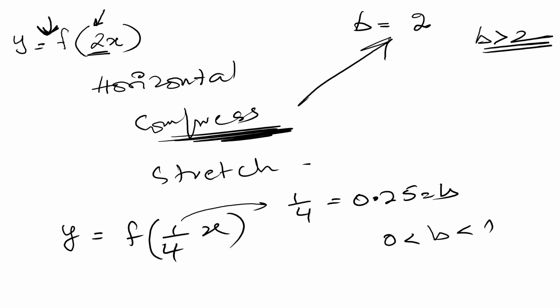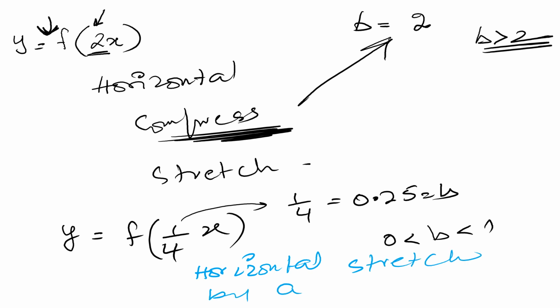In that case, I will say horizontal stretch by a factor of 4, that is 1 by 4's reciprocal. This is how we describe our graphs, horizontal stretch or compress.